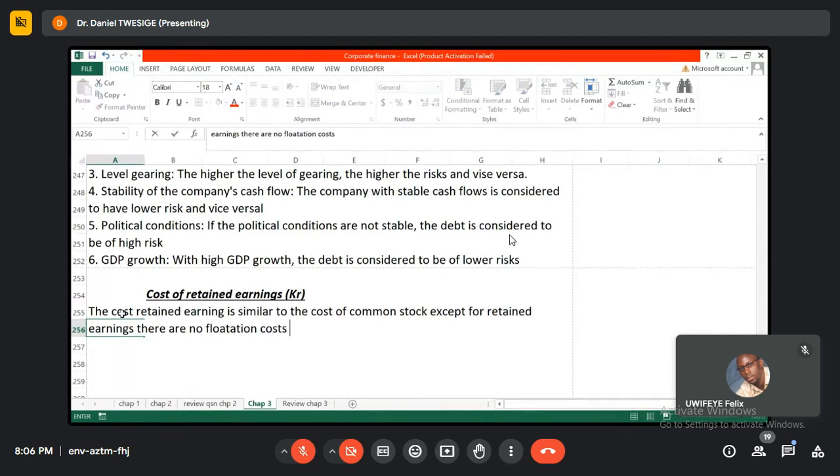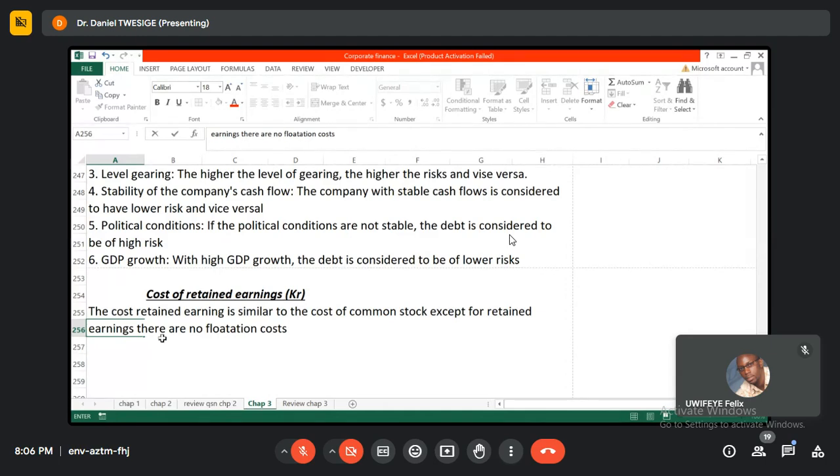So the cost of retained earnings is similar to the cost of common stock, except that we don't have flotation costs, but the cost is the same. The way you compute the cost for retained earnings is the same way you compute for common stock. That's why in some cases it is ignored, because it is the same cost for the ordinary shareholders.